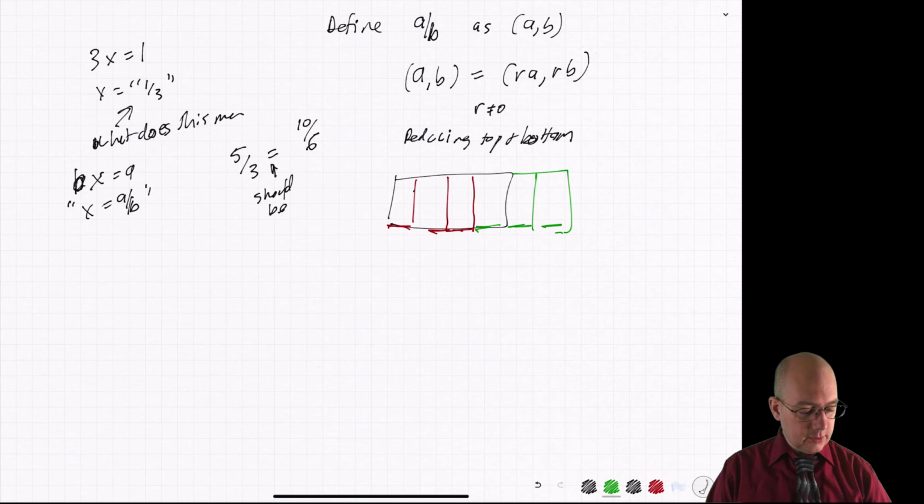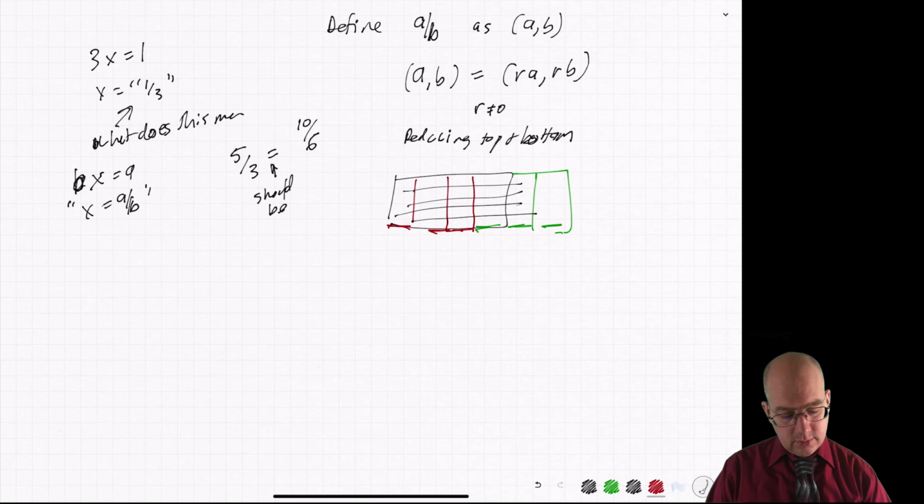Okay. And 5/3 represents this. Right? Now, if I do the same thing, but now I'm going to divide this stuff into 6. Oops. So that's 6.